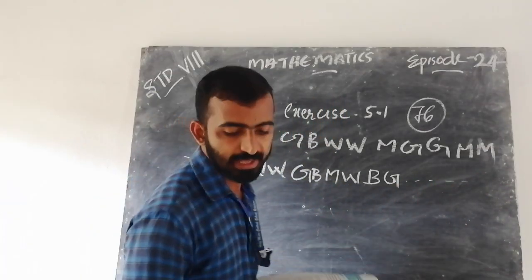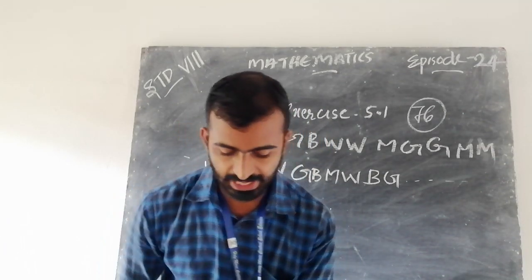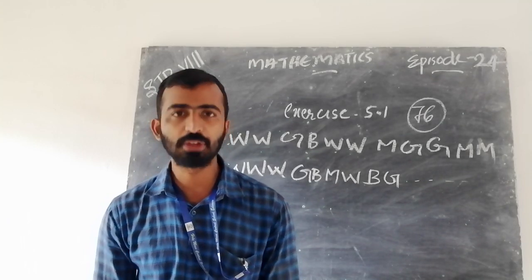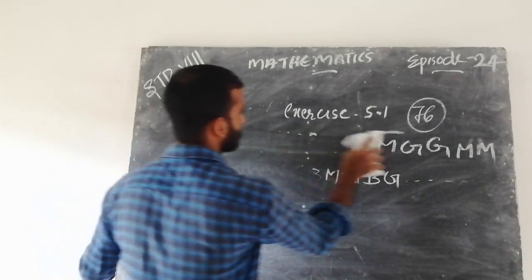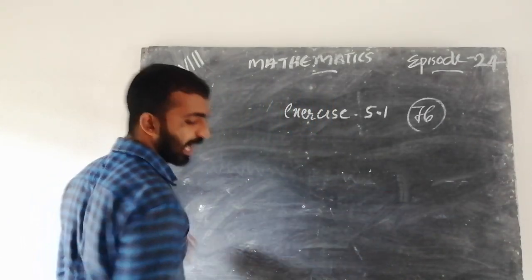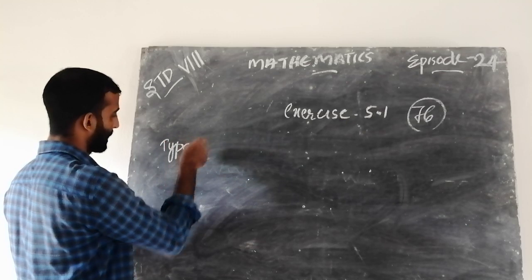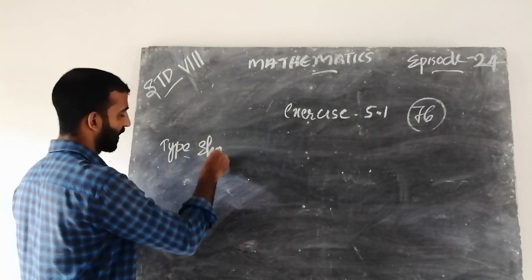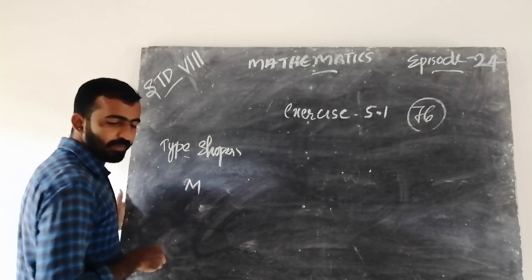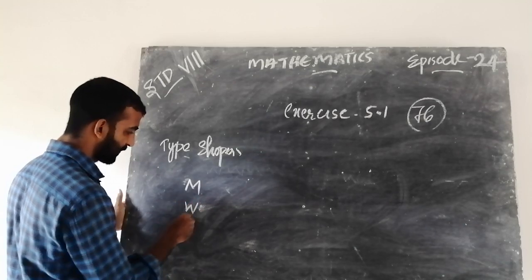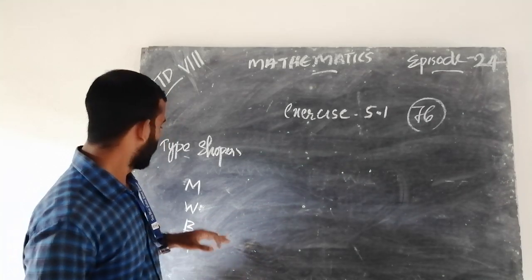First we want to make a frequency table. For making the frequency table, first the type of shoppers: man, woman, boy, girl.